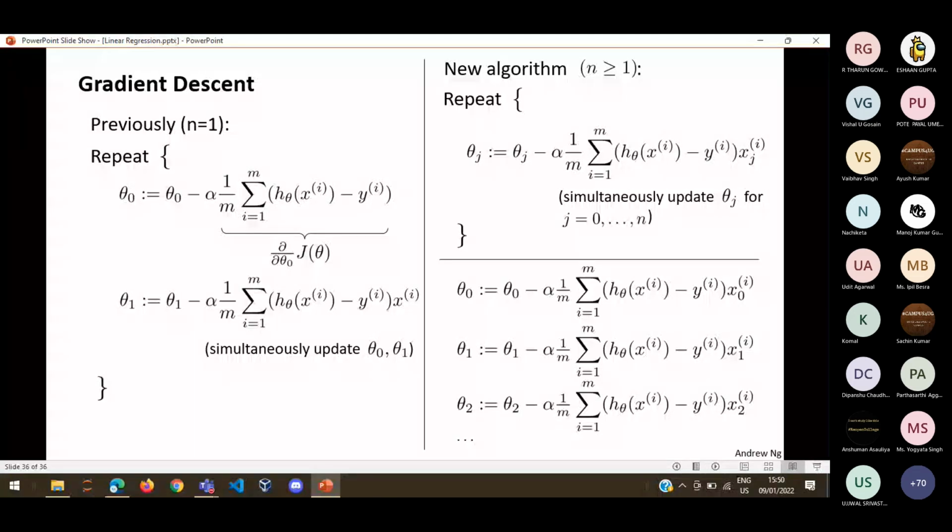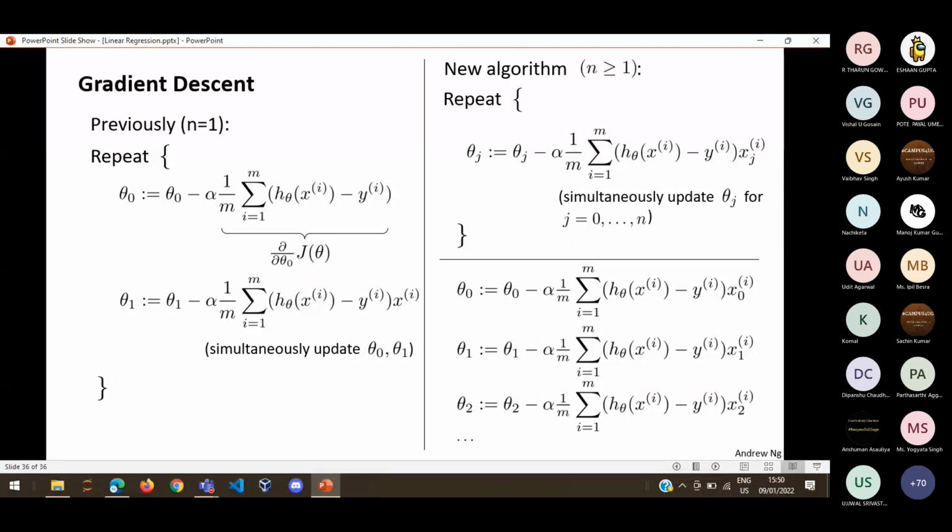This is the same as before, where only one variable was there. Now we have multiple features, so you need to update multiple values, theta naught, theta 1, and so on, using partial derivatives. That is also easy. So this is it for linear regression, and if you have any doubt, please ask here.